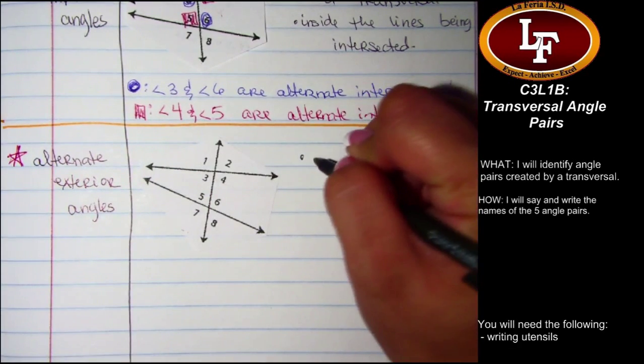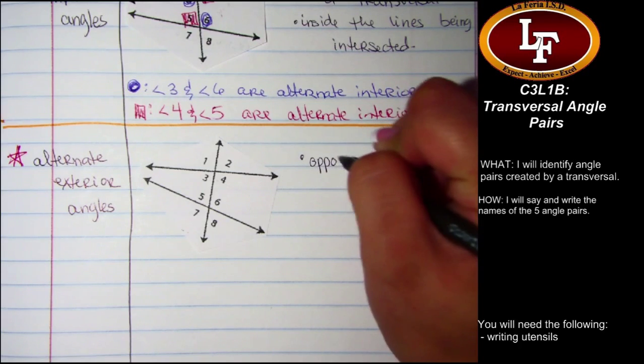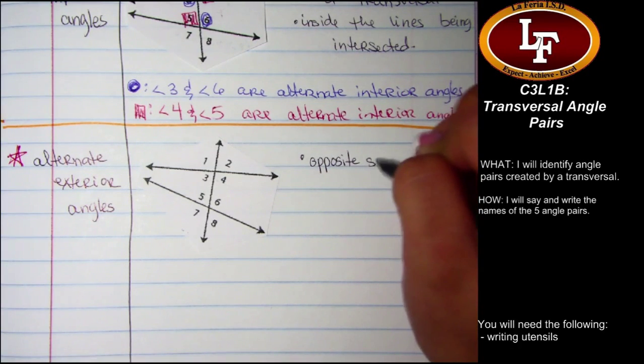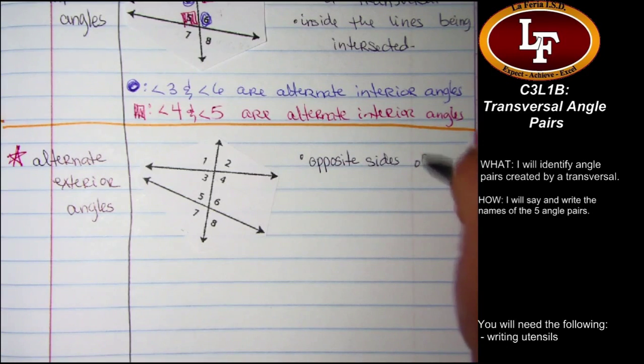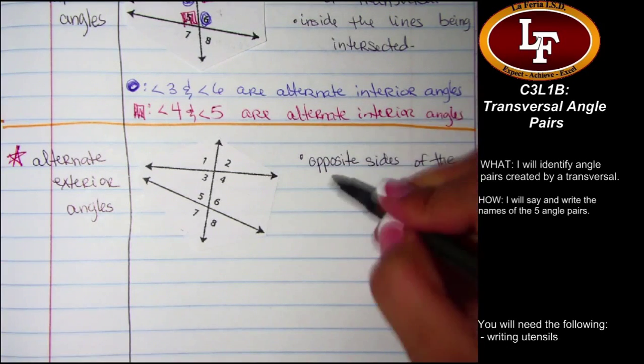Just like the above, opposite or alternate is going to mean that they are on opposite sides of the transversal from each other.